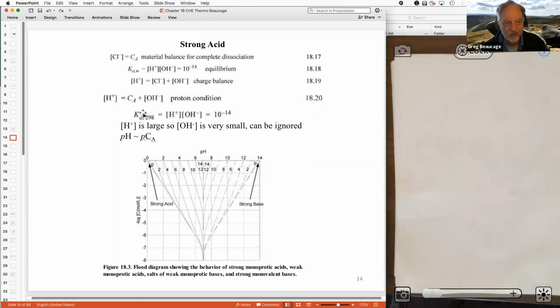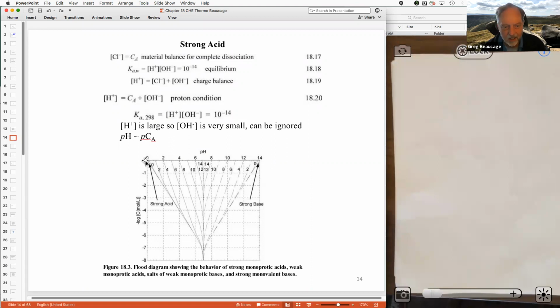If it's a weak acid, then your pH and your concentration of protons are the same number. So this thing will follow a direct line of proportionality straight across until it gets to 7. And if it's a strong base, then the pH is going to follow a direct line of proportionality. So it'll go directly 1-to-1 through this, straight down. So strong acid, strong base, it goes straight down.